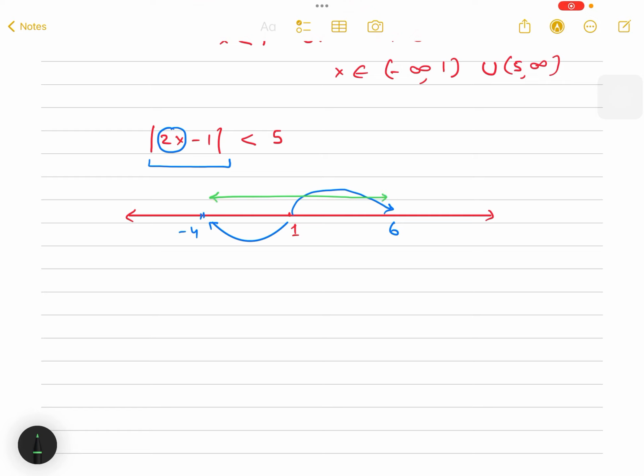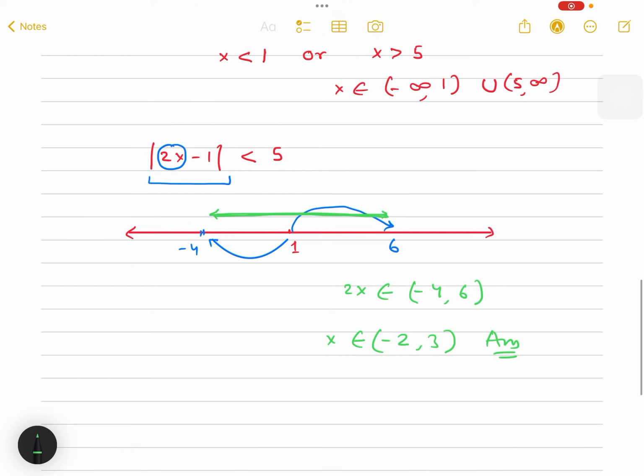So this is the interval in which my 2x can lie. So I can clearly say that 2x belongs to (-4, 6), and if I look for the value of x, it is x belongs to (-2, 3), and this is going to be my answer.